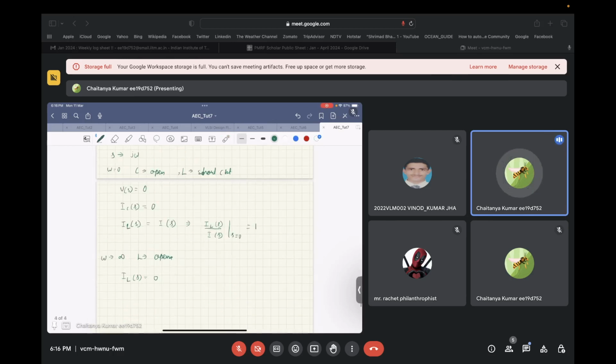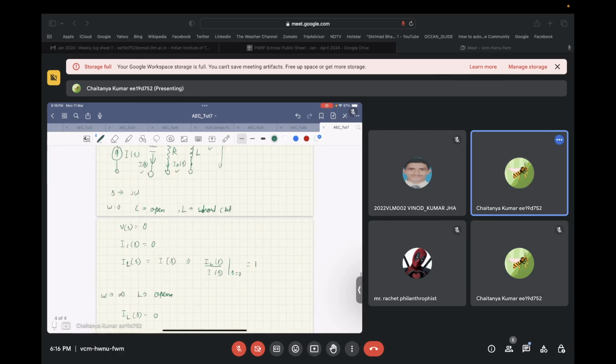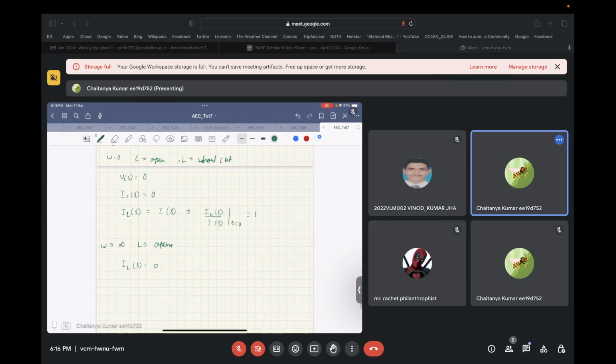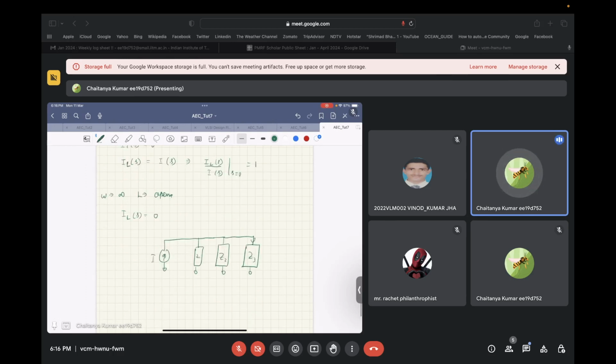So the transfer function will be... if we have, let's say, a current I going into three impedances, this is Z1, this is Z2, this is Z3. Let's say you want to find I's of Z3.